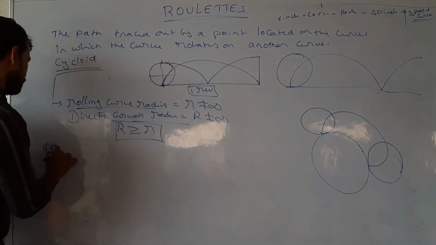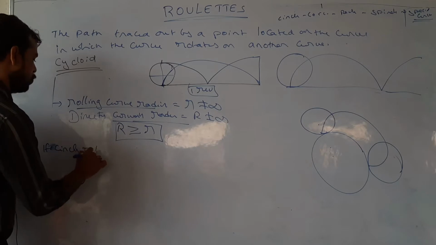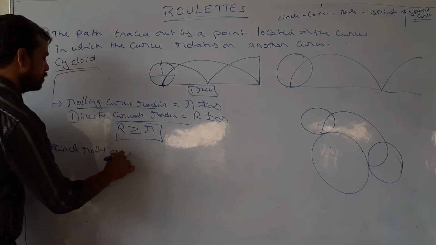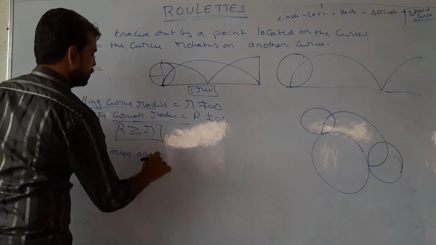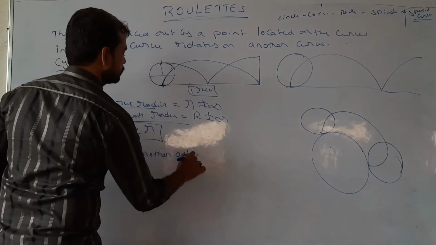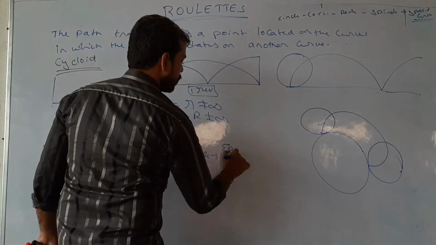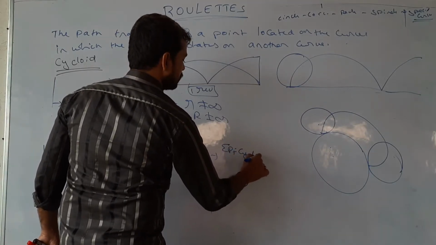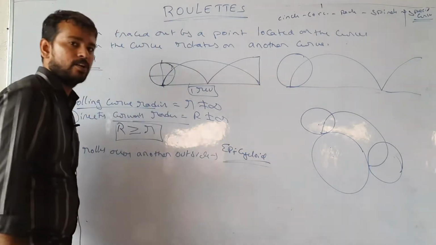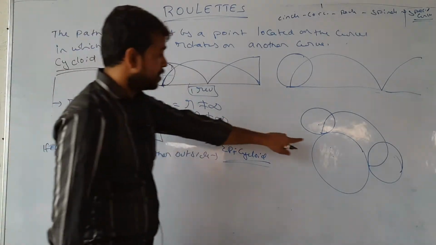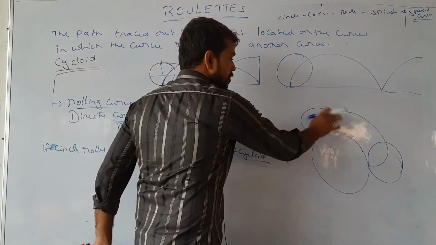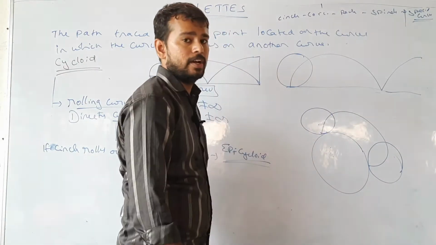If a circle rolls over another outside, then that is known as epicycloid. Why? Because epi means outside. So it is an epicycloid.